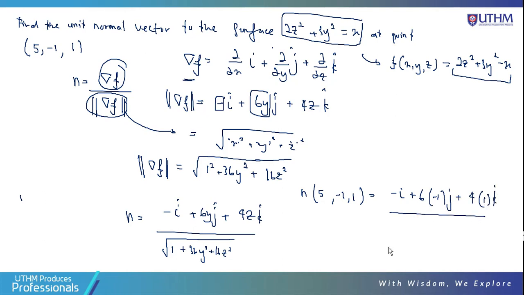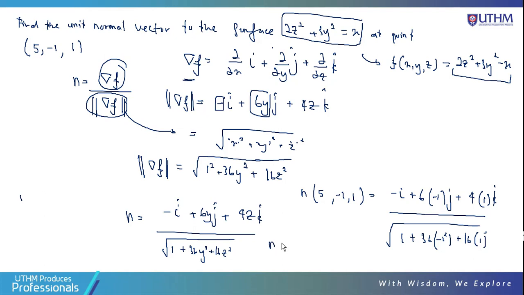So you divide by the square root of 1 plus 36(-1)² plus 16(1)². So 36 plus 16 plus 1, you get square root of 53.